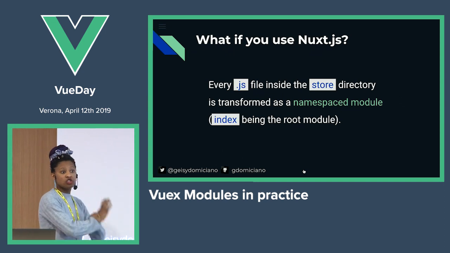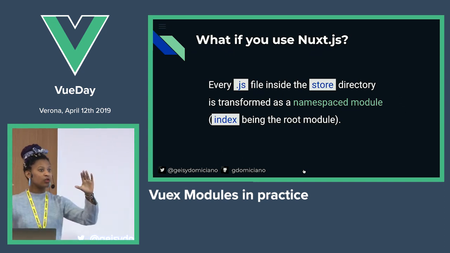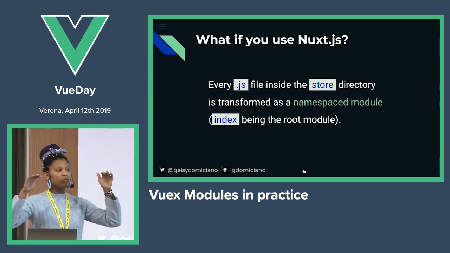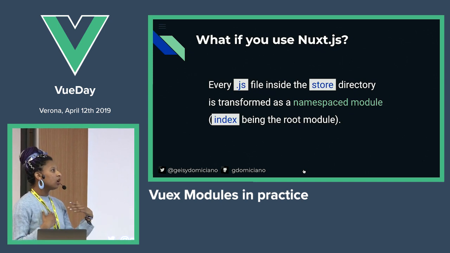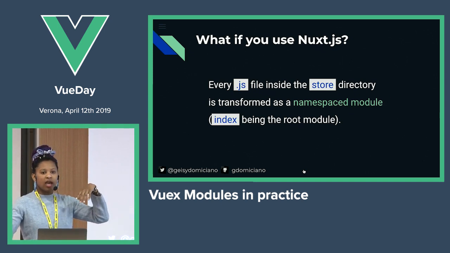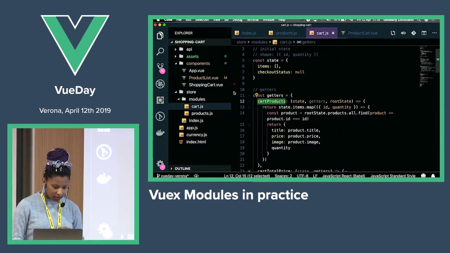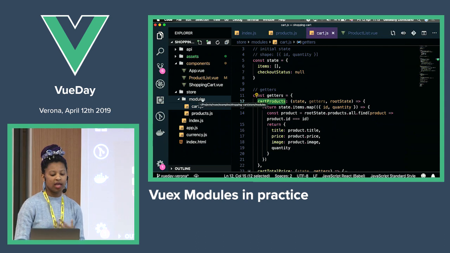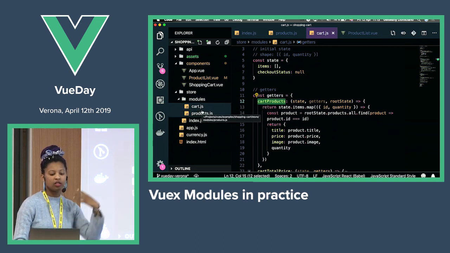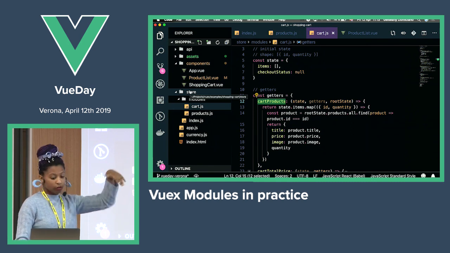So you just learned about Vuex modules. So if you are going to start using Nuxt, go with the module mindset, and everything that you're going to name as a module, instead of having this modules folder here, actually you're just going to throw this away and have cart and products straight inside the store folder.